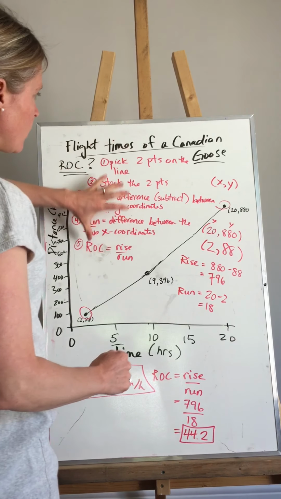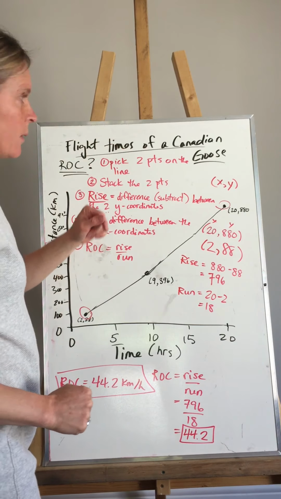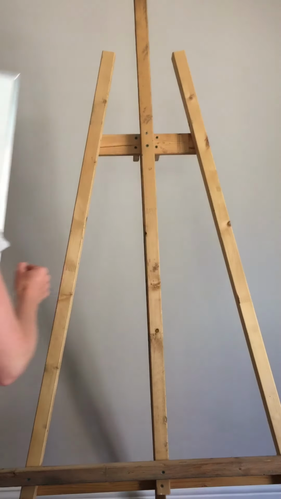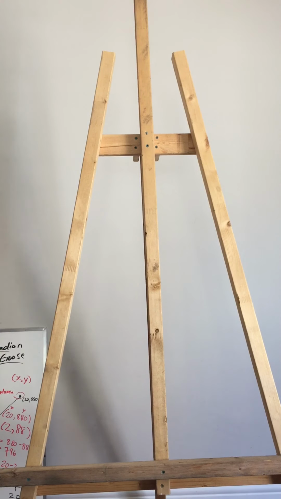Okay, I'm going to keep these on here. I'm going to use my other board because I'm going to refer back to these steps. Oh, you know what? This should be 798.